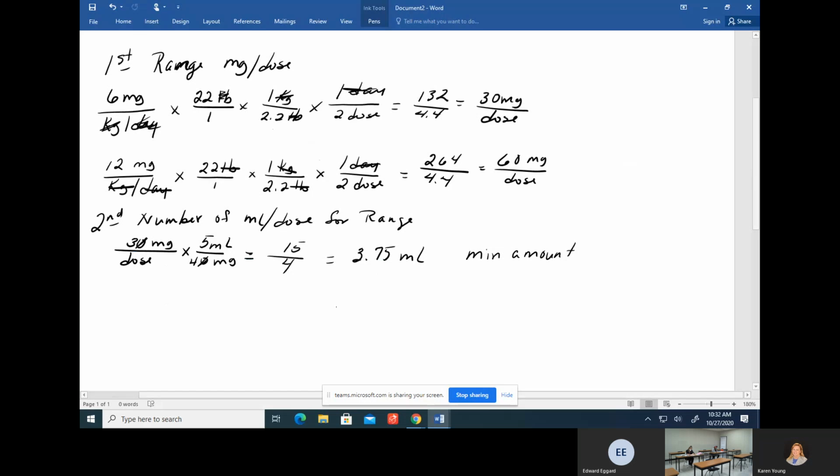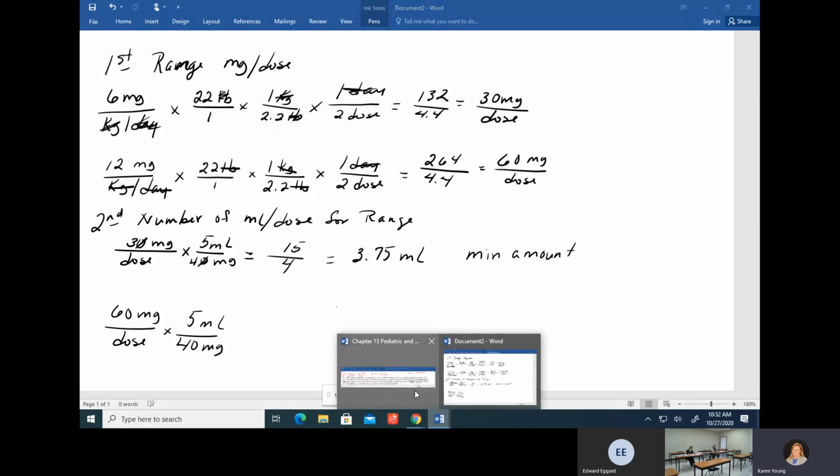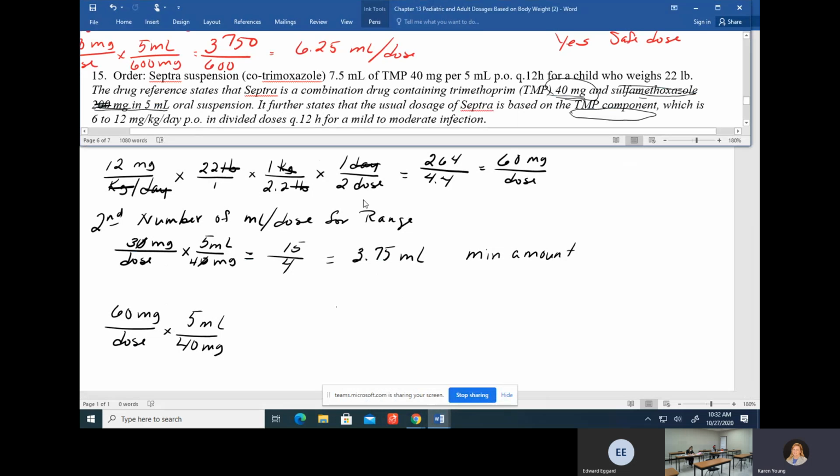Okay. I'm going to do the same thing now with the 60 milligrams per dose times the 5 milliliters per 40 milligrams. And remember, this 5 milliliters per 40 milligrams that I'm using came from the drug reference here, the 40 milligrams here, not from the order, because they're the same.